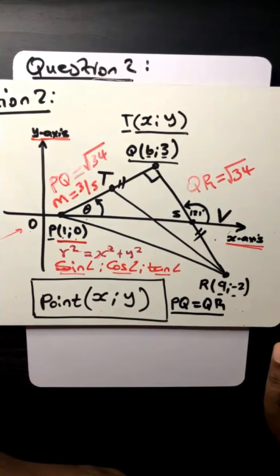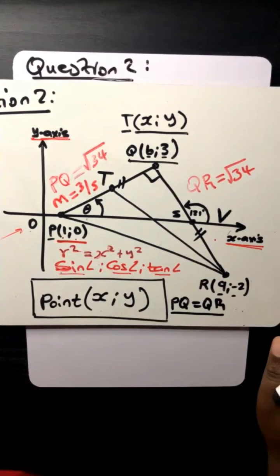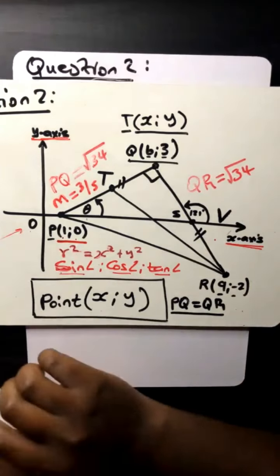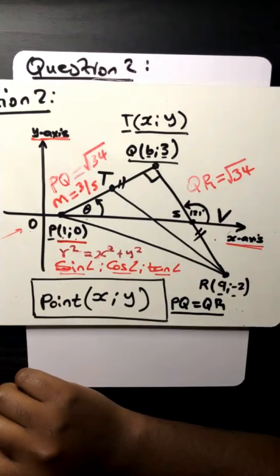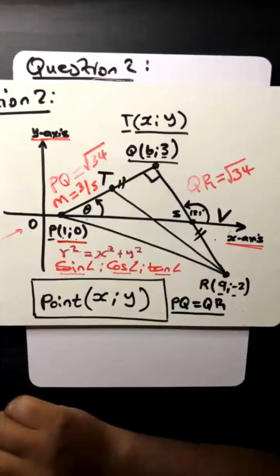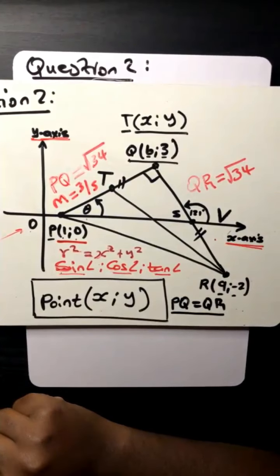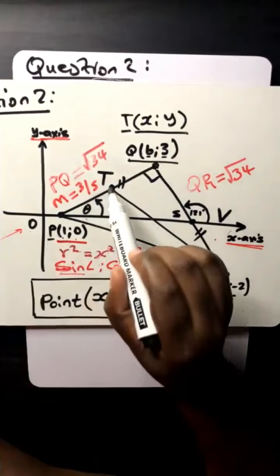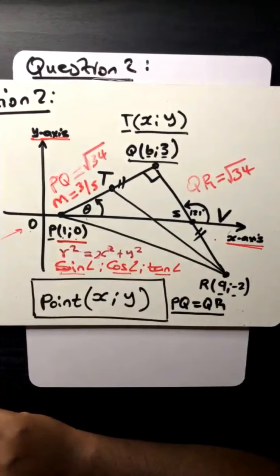So which area is Mr. Examiner talking about? They are talking about the area of QTR. Where is Q? There is Q, guys. Where is T? There is T. Where is R?